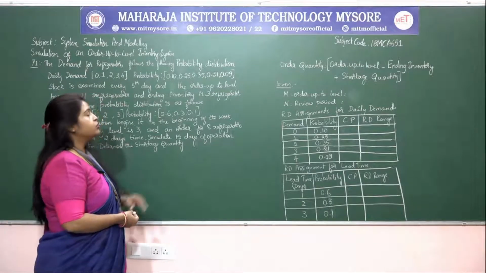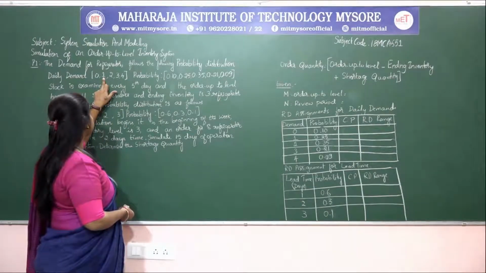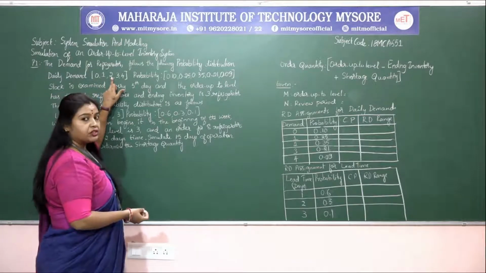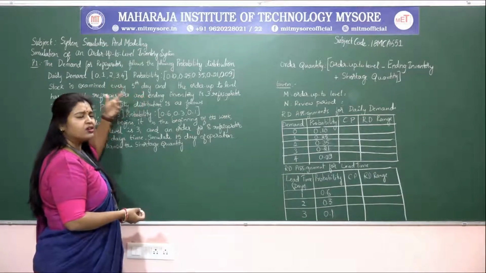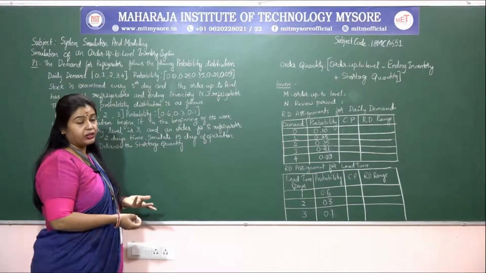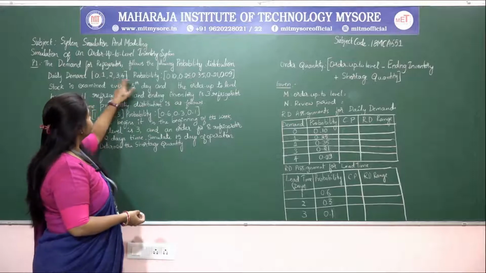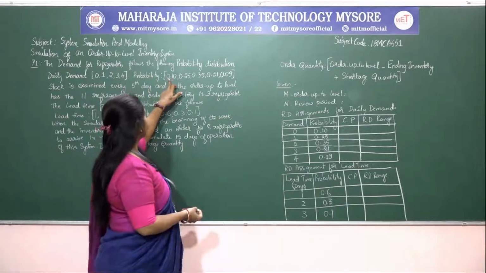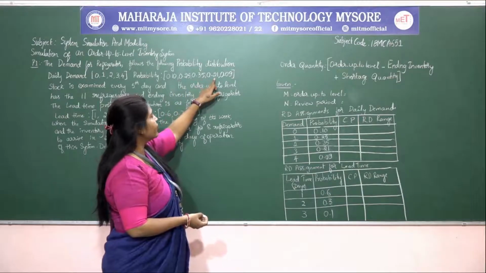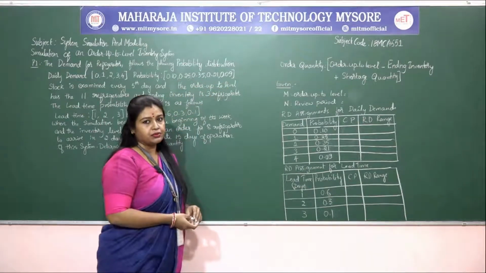So an order may come for 1 refrigerator or 3 or 4 refrigerators, or 0 refrigerators, which means there is no order at all on that particular day. For these orders they have given the probabilities of 10%, 25%, 35%, 21% and 9%.